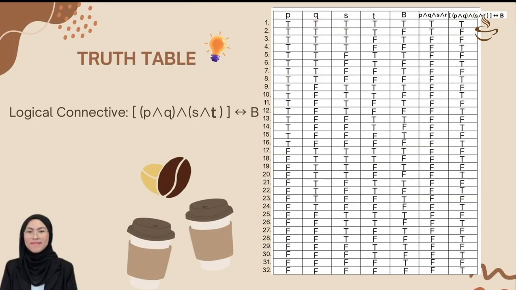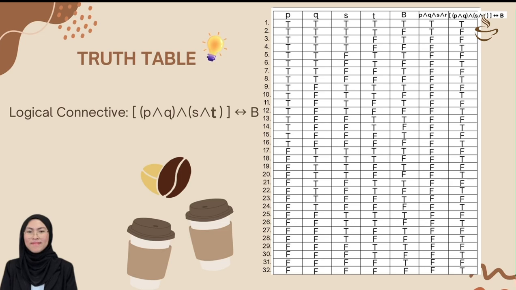Truth table for situation 2. From the logical connective, we need to use the formula 2 power of n, where n is the number of variables or the number of inputs. At the sixth column, P and Q and S and T, the value true and false is determined by combining all the variables using the logical connective and.